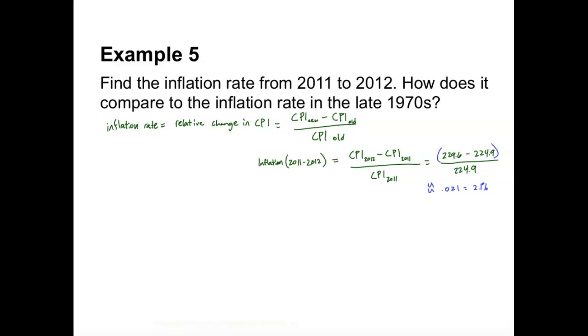Okay. How does that compare relative to the inflation rate in the late 1970s? So let's just go ahead and assume by late 1970s they mean 78 and 79. So we'll do the same thing.